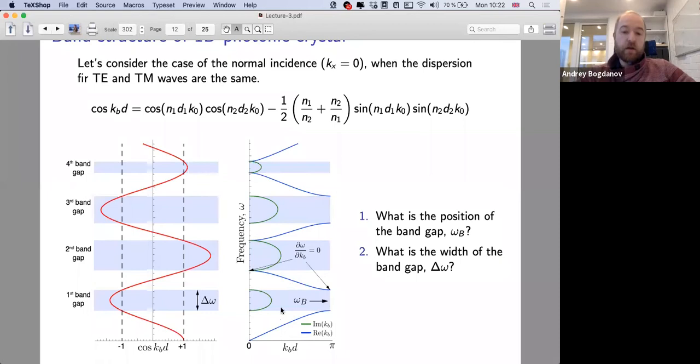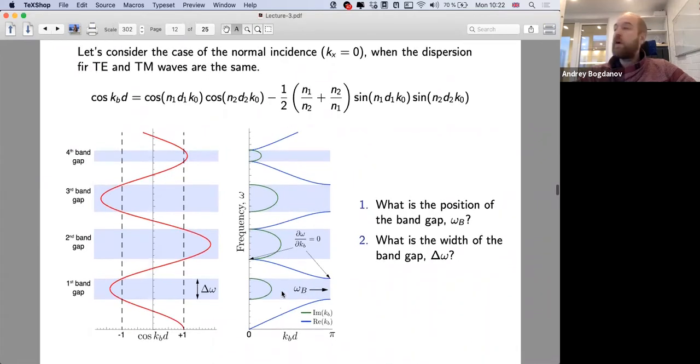Between these bands, we have a band gap, and inside the band gap the Bloch wave number is imaginary, and its absolute value is maximal in the center of the band gap.